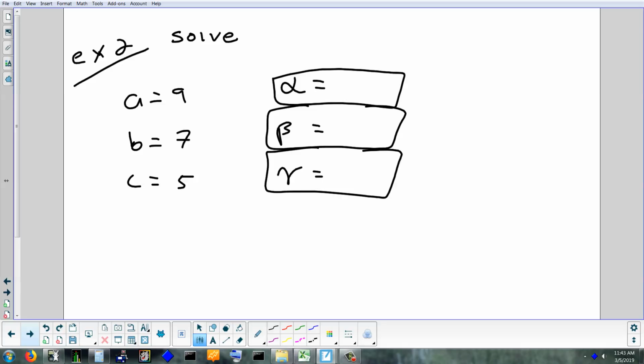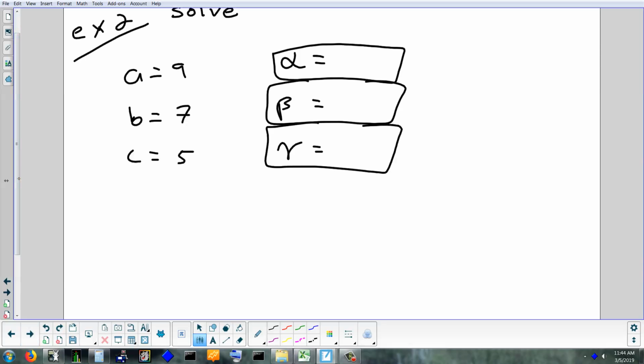All right, so let's find gamma. I don't know if we used the one for finding gamma. We did beta, so maybe we'll do alpha and gamma this time. So Kathleen, if I want to find gamma, how does my formula start for that?